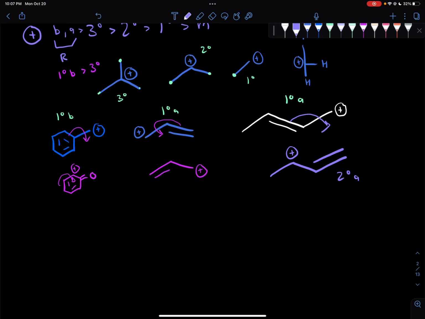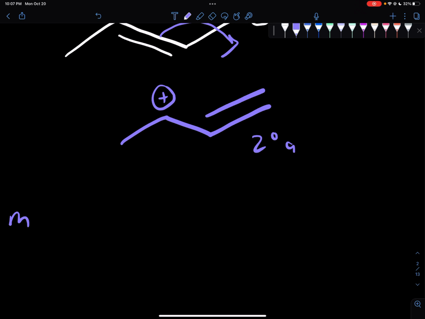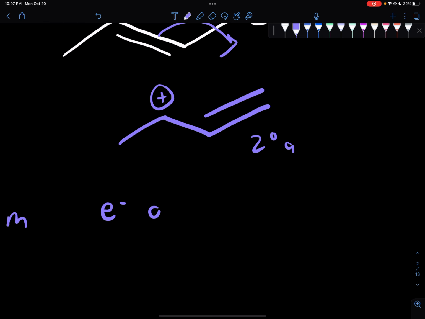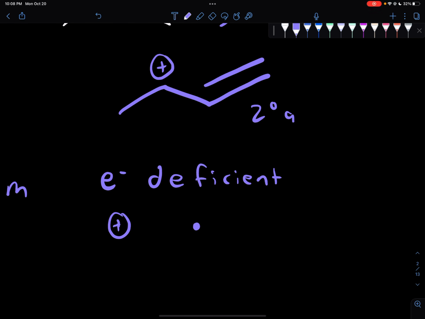Now let's talk about radicals. Radicals are literally the exact same thing as carbocation ranking. So literally, like, benzylic/allylic, 3, 2, 1, methyl. The reason for this is both radicals and carbocations are electron deficient. Positive charges are obvious. Positive literally means lacking electrons. But a radical, think about this.